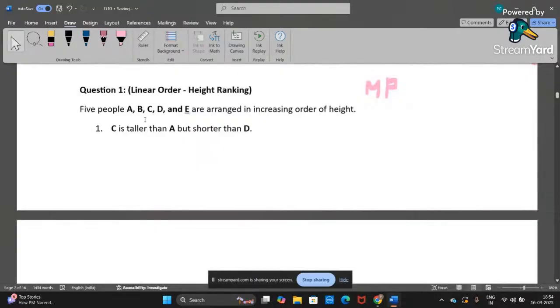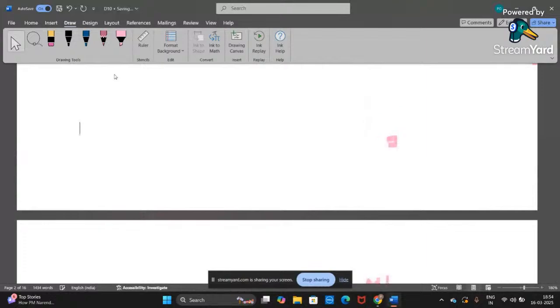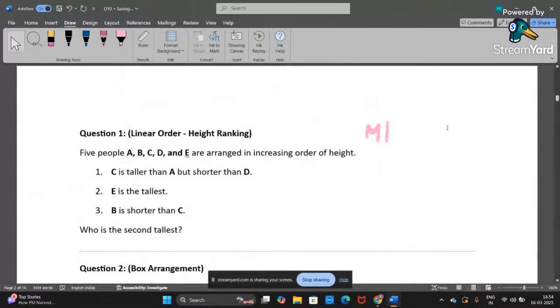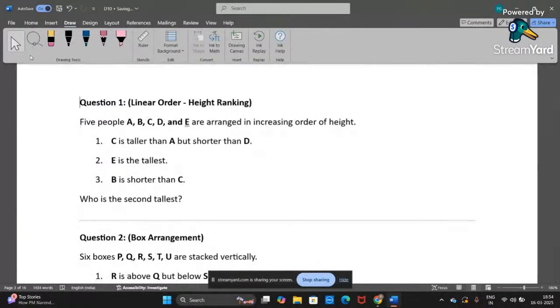Okay, next we are moving to the next question. Linear order, height ranking. Five people A, B, C, D, E are arranged in increasing order of height.